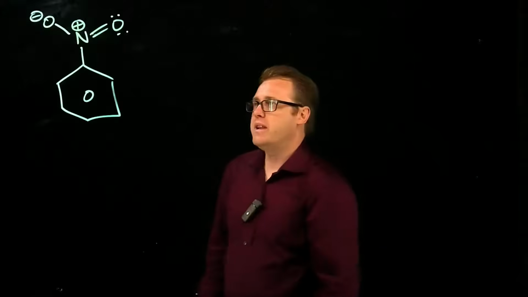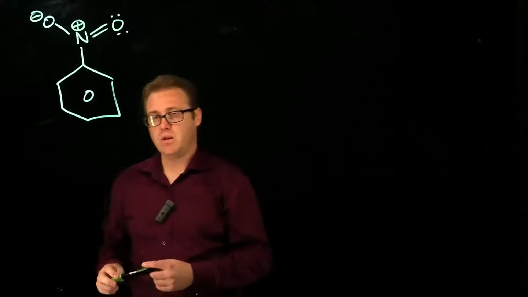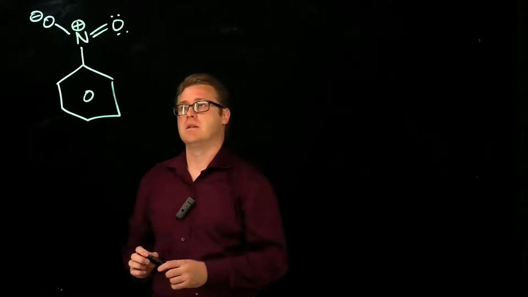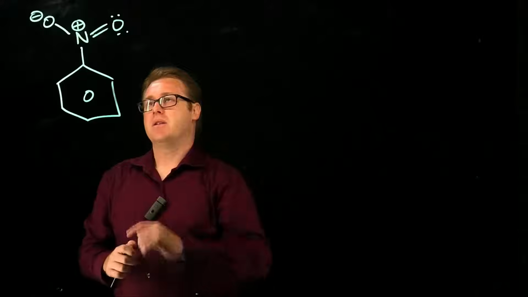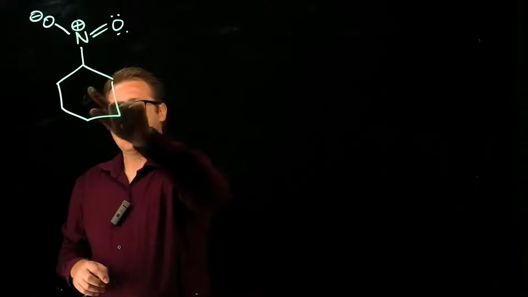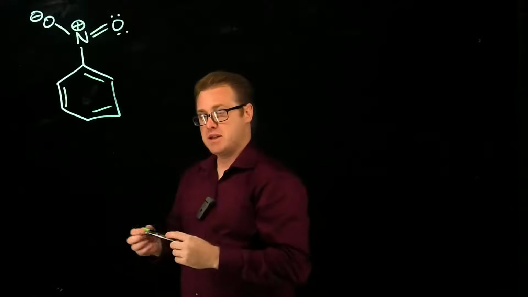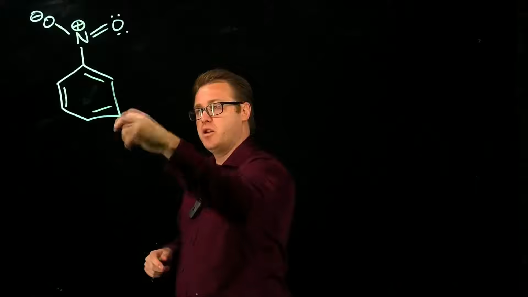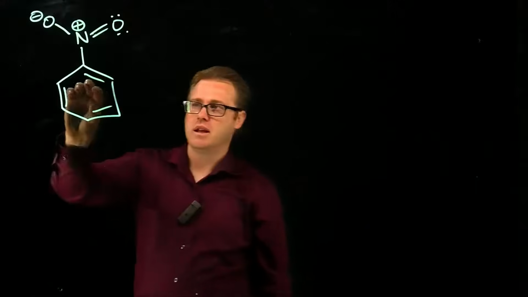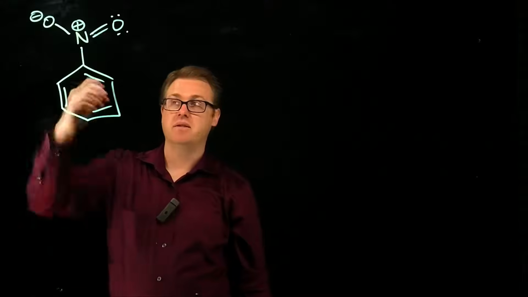When we take a look at a nitro group on a benzene ring, we can notice a couple things. The first thing that I notice is that we have a positive charge on this nitrogen. And so what that's going to do is, because it's positively charged, it's going to withdraw electron density from the benzene ring via the inductive effect.